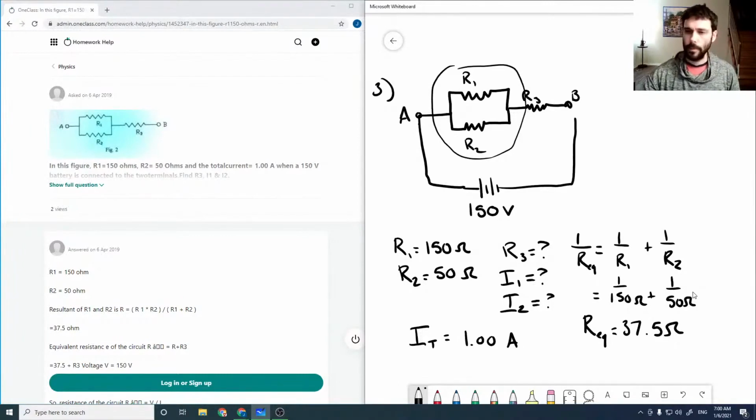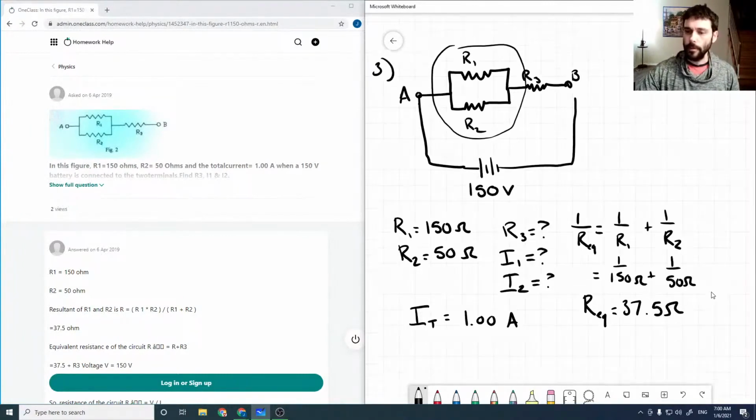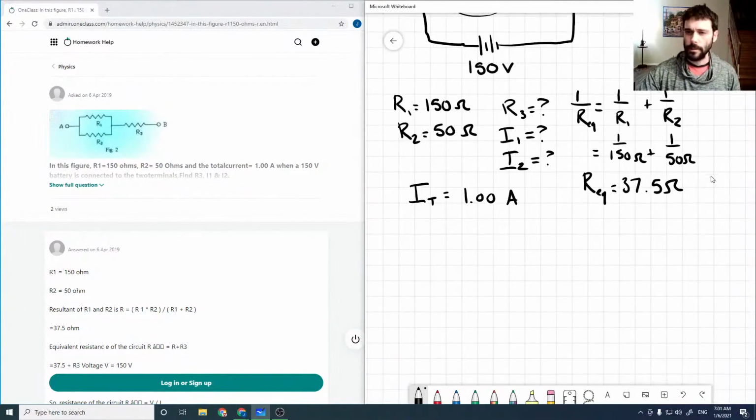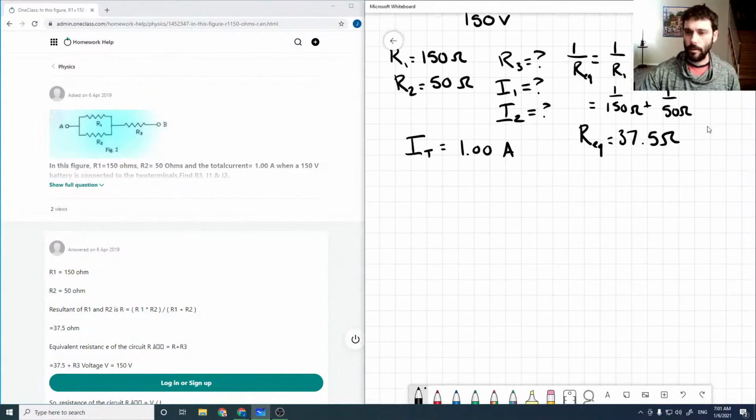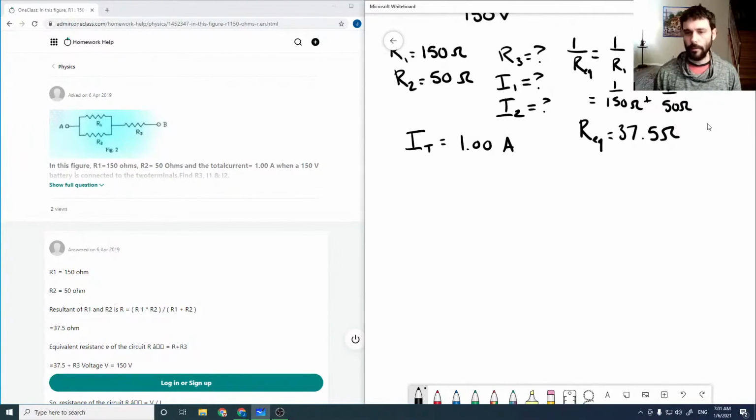And so then we can compute our voltage drop across this equivalent resistance. If we were to redraw the circuit, we really just have A to B, and we have this R equivalent here, and R3, and we know we have 150 volts here, 0 volts here.